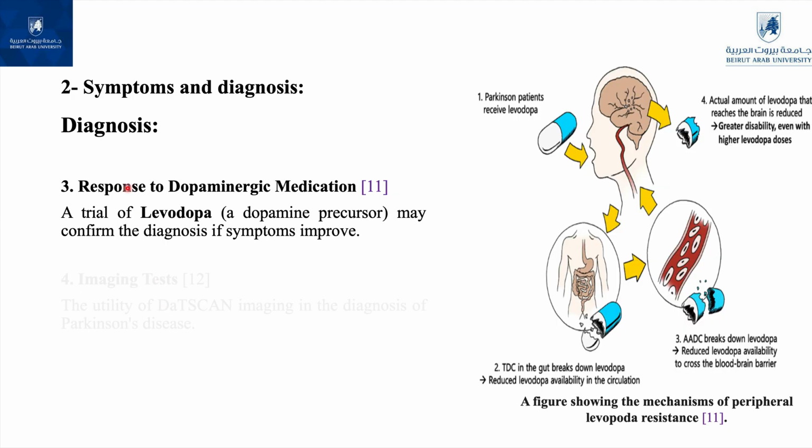Also, doctors can give the probable patient dopaminergic medication to check if there is any improvement in the symptoms. So in this case, we can say that the symptoms are really affected by Parkinson's disease.